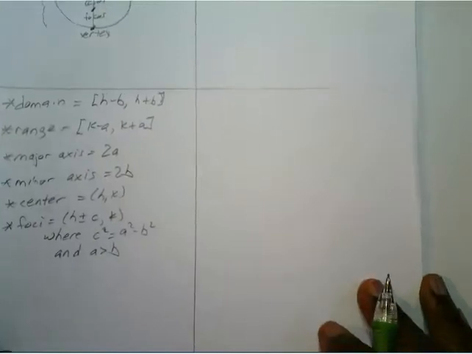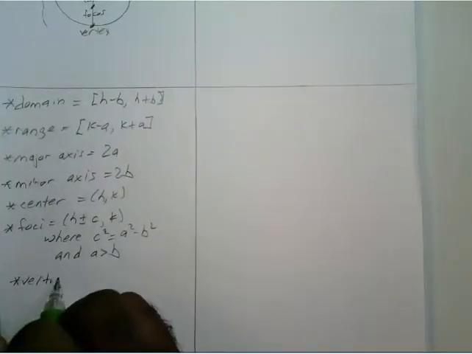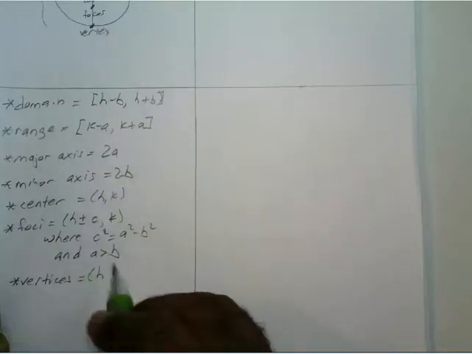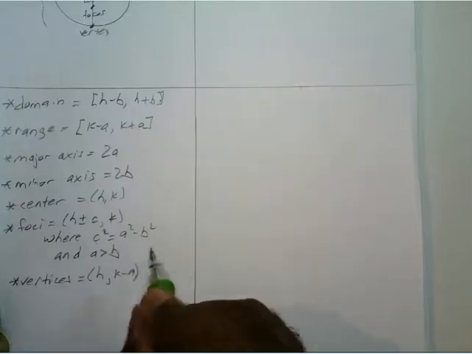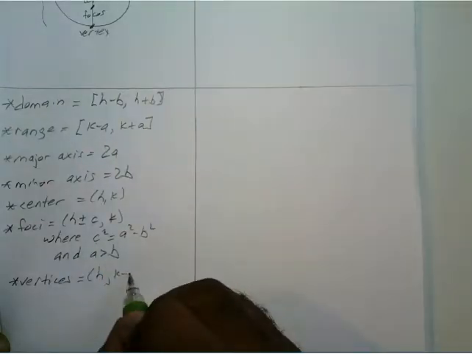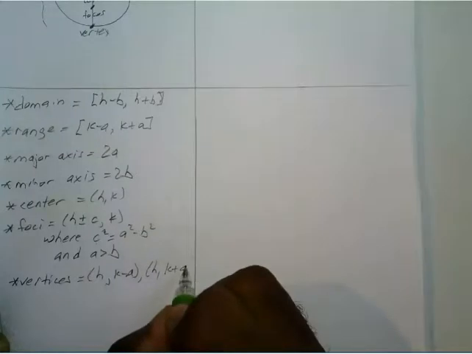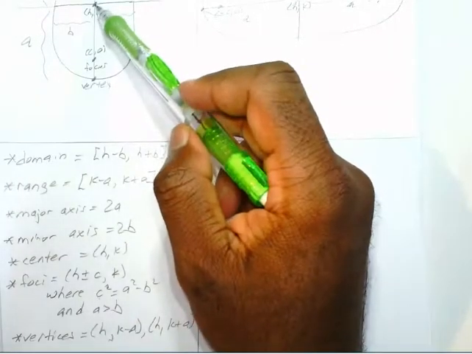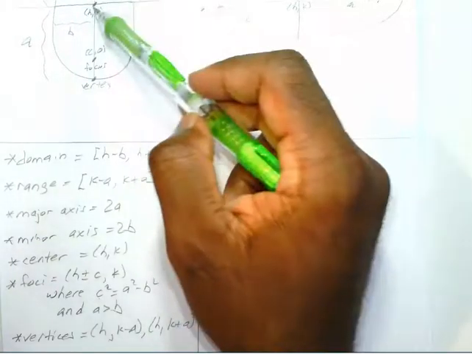Okay, now if you were looking for your vertices, that's going to be (h, k minus a) and (h, k plus a). Remember, your center is (h, k), so your vertices are k plus a and k minus a.